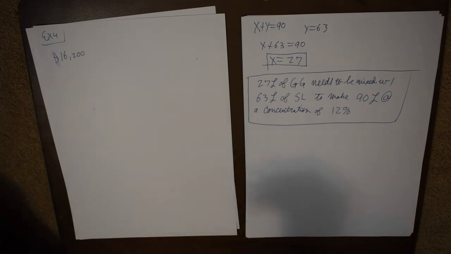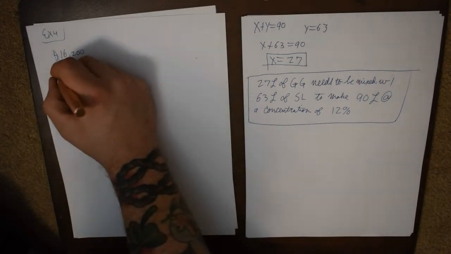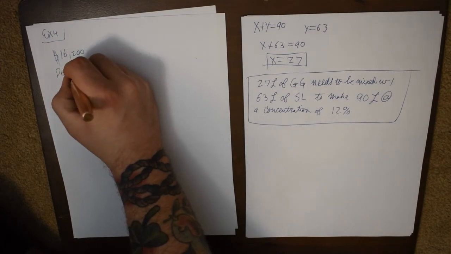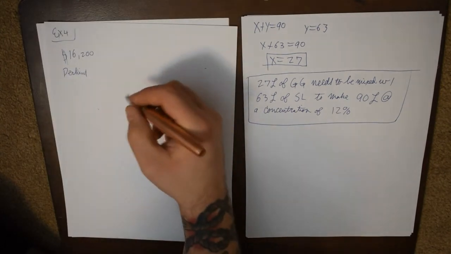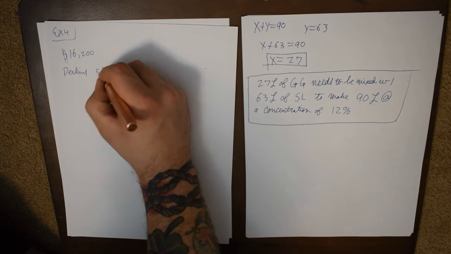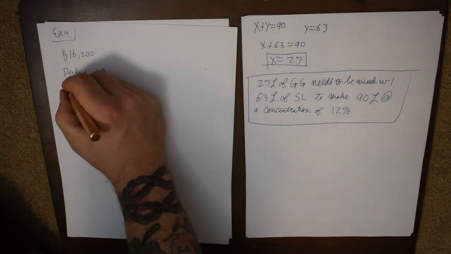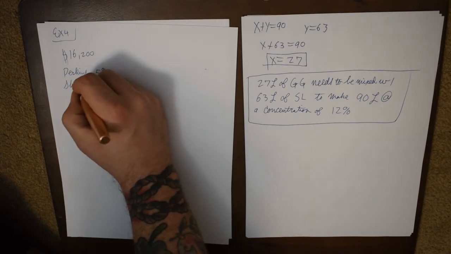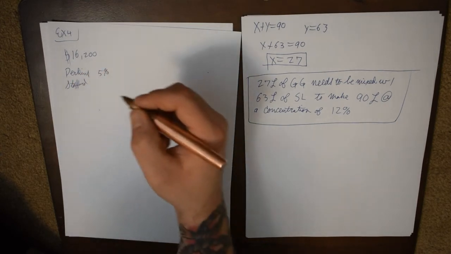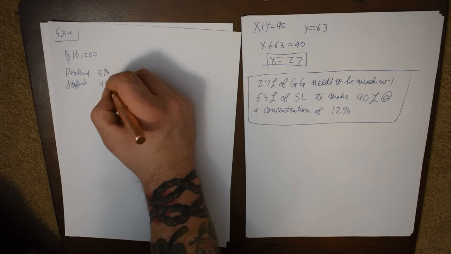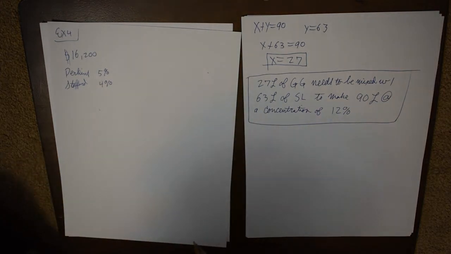Part of his student loan was a Perkins loan, and that Perkins loan was at a 5% interest rate, and the rest was a Stafford loan. And that was at 4% interest rate.